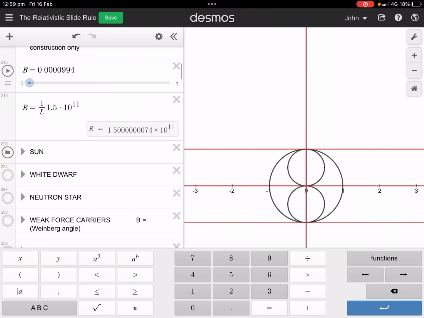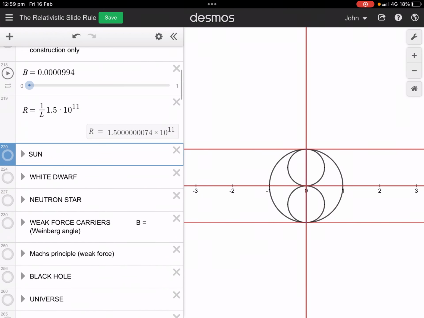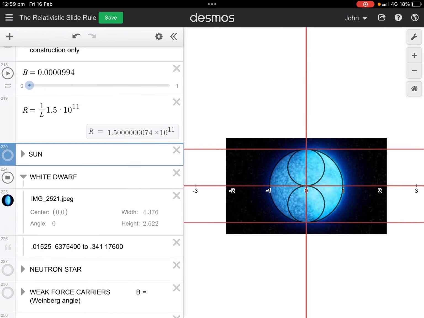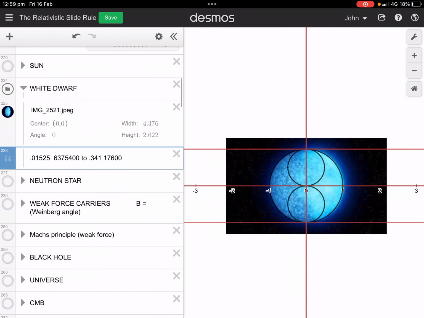Alright, so let's forget about the sun now. Go on to white dwarfs, which form after a supernova. So let me put in a white dwarf there. There's quite a range of B values for the white dwarf, and the same goes for the neutron star, but basically at a certain point the white dwarf will collapse into a neutron star.